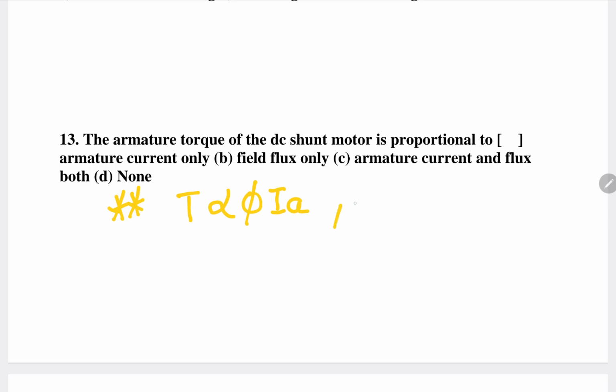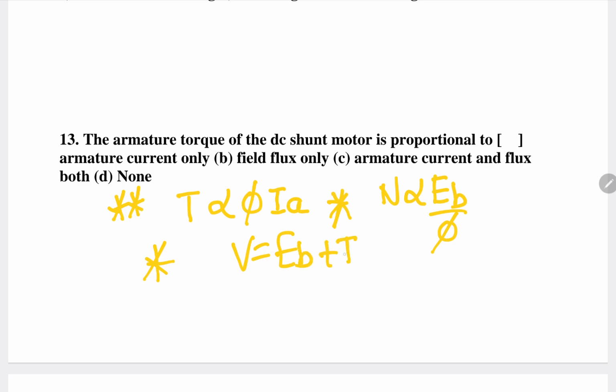First, T proportional to phi Ia. Second, the speed equation of the DC motor, N proportional to Eb by phi. Third, V is equal to Eb plus Ia Ra. And fourth, armature current Ia is equal to V minus Eb divided by Ra. Very important formulas.